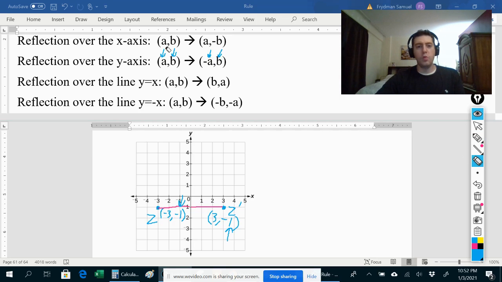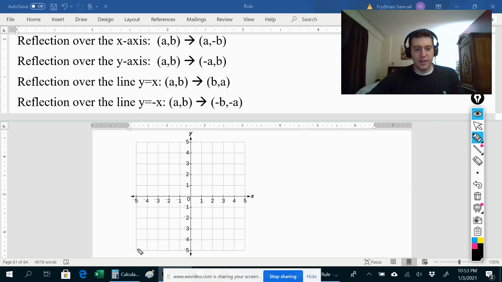Okay? Now, what if I were to reflect something over the line y equals x? Well, what does that line look like? That line looks like this. This is the line y equals x.